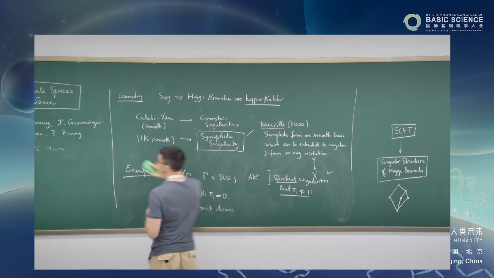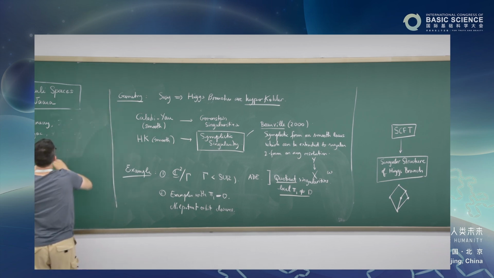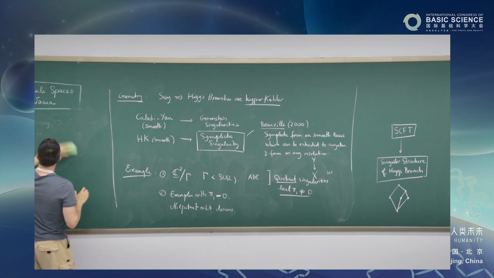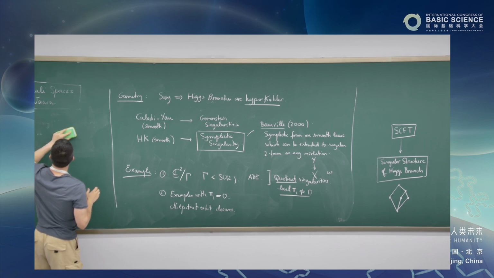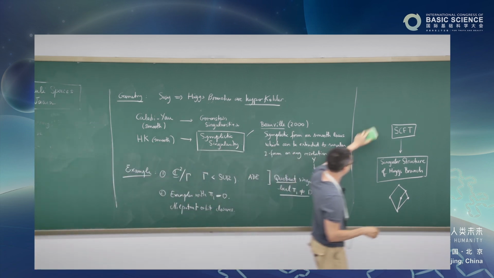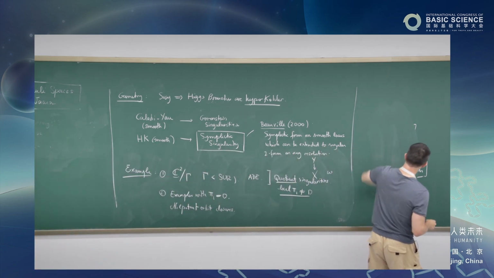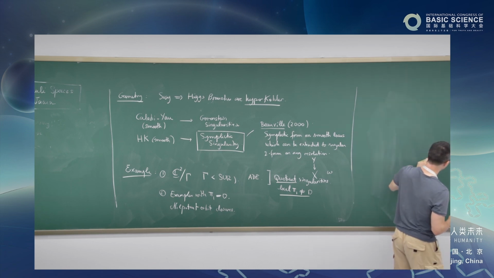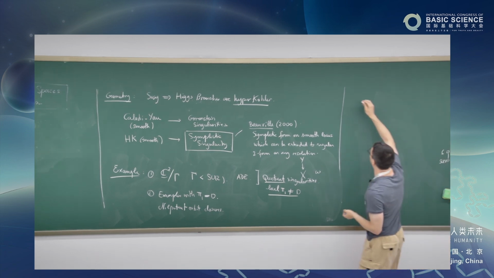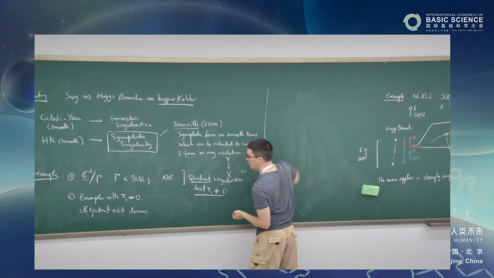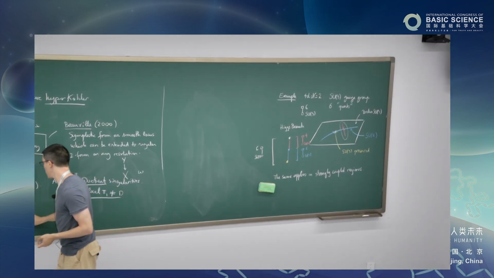So nilpotent orbit closures. What is this?